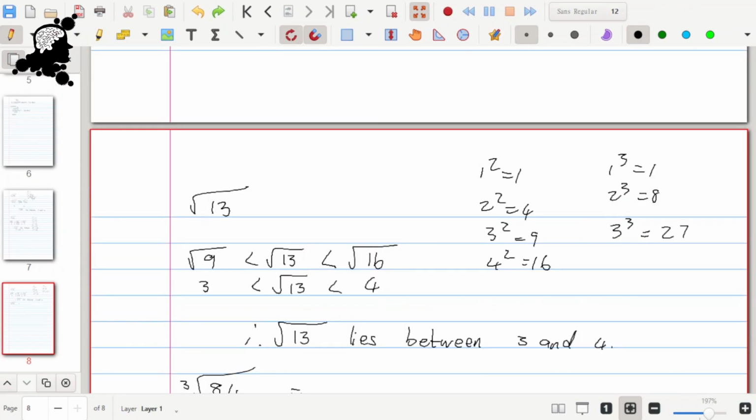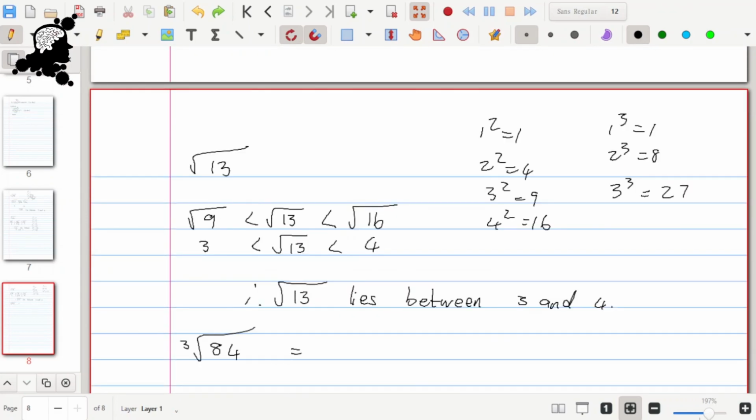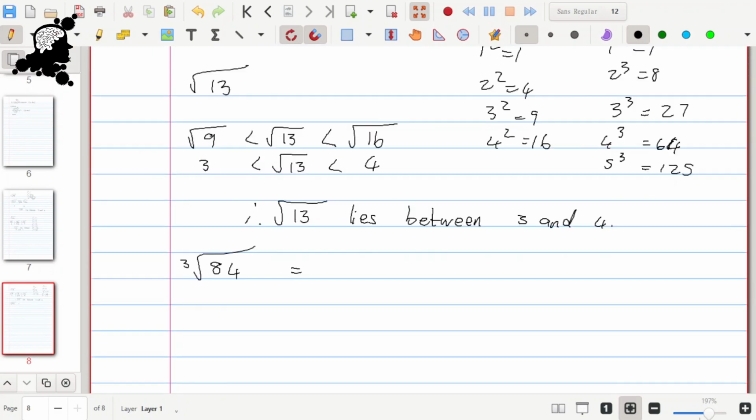So up here, 1 cubed is 1, 2 cubed is 8, 3 cubed is 27. Let's see, 4 cubed gives me 64, and then 5 cubed gives me 125. Now I can see 84 is between 64 and 125.